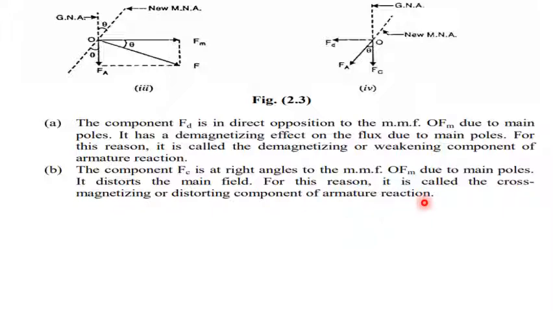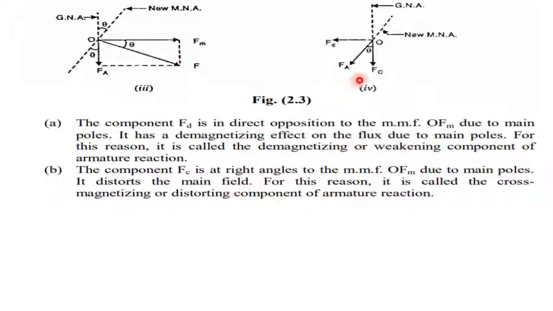So now there are two effects you can find due to armature reaction. One is the demagnetizing effect and one more is the cross magnetizing effect. In the case of the demagnetizing effect, the FD component is in opposition to the FM component, that is the MMF OFM. In this case there will be a loss in the flux, or a weakening in the flux component, so it is called the demagnetizing component.